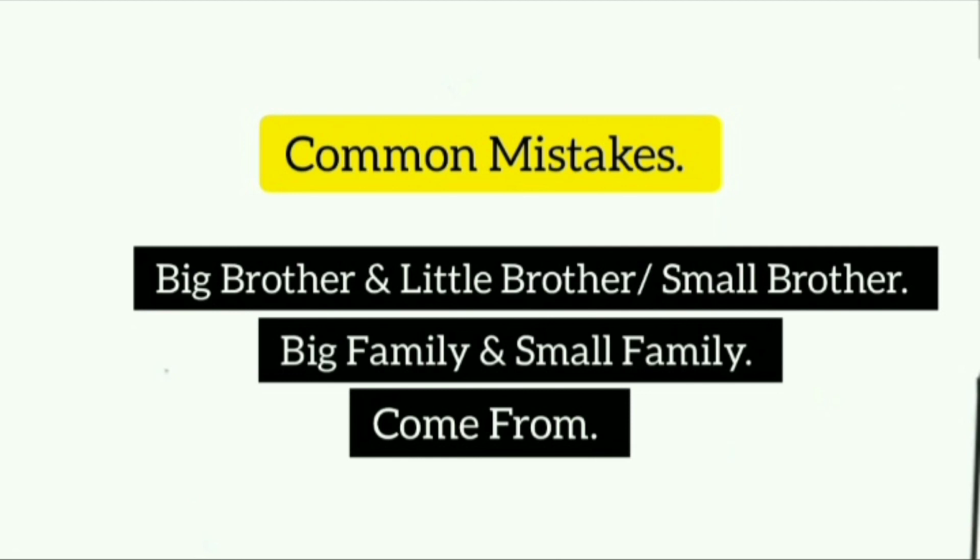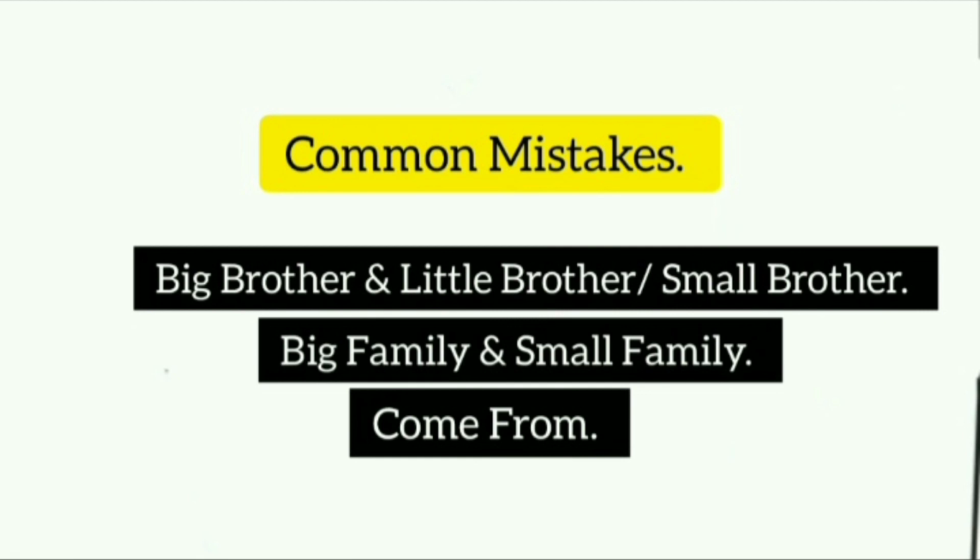A third type of mistake is saying I come from a big family or I come from a small family. Do not say I come from a big family or a small family. That's also incorrect, and you do not use the phrase come from. You should say I belong to a joint family, or I belong to an extended family, or I belong to a nuclear family or a conjugal family or a reconstituted family.